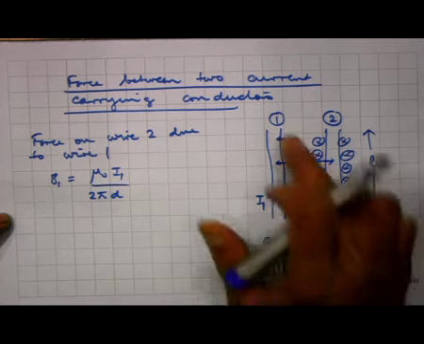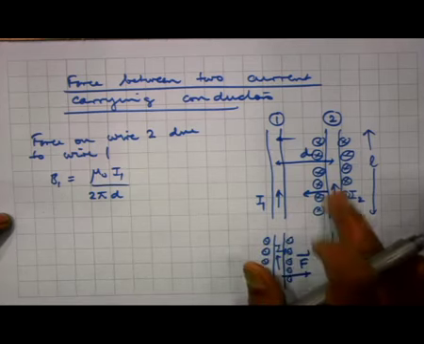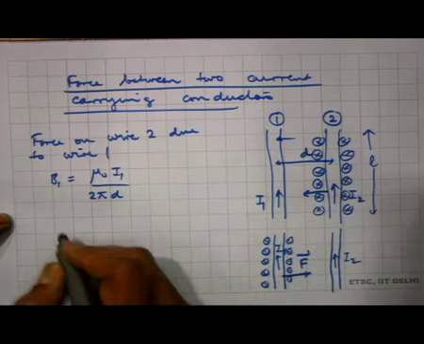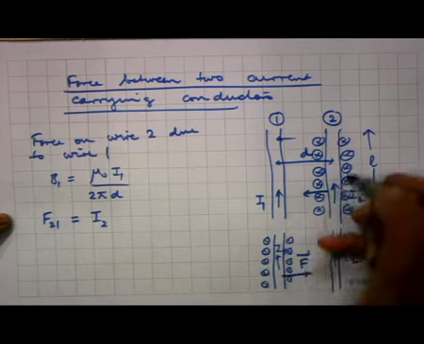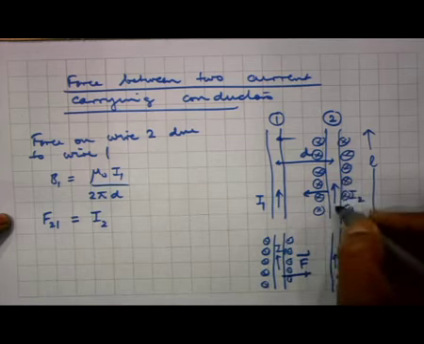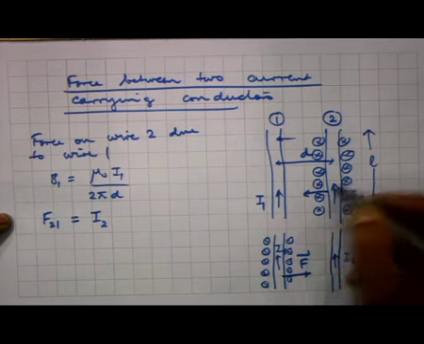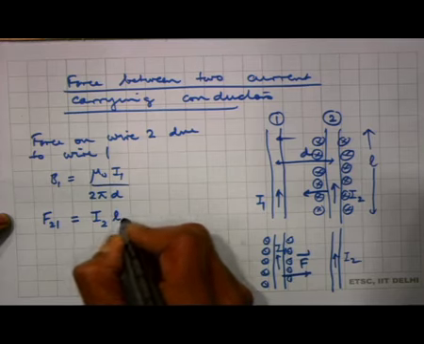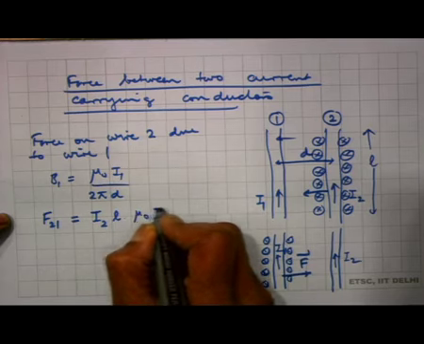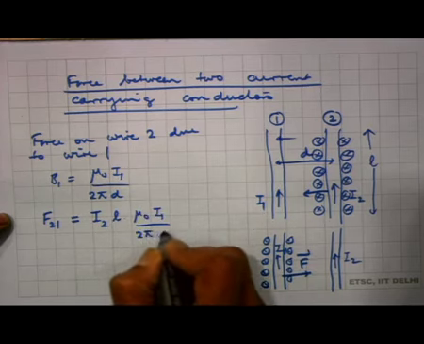So, this is the magnetic field produced by this wire on this second wire, and so the force F21, the force on wire 2 because of wire 1, is I2, and because the current is perpendicular to the direction of the magnetic field, the force is in this direction. So, I2 times L times the magnetic field, which is mu naught I1 by 2 pi d.